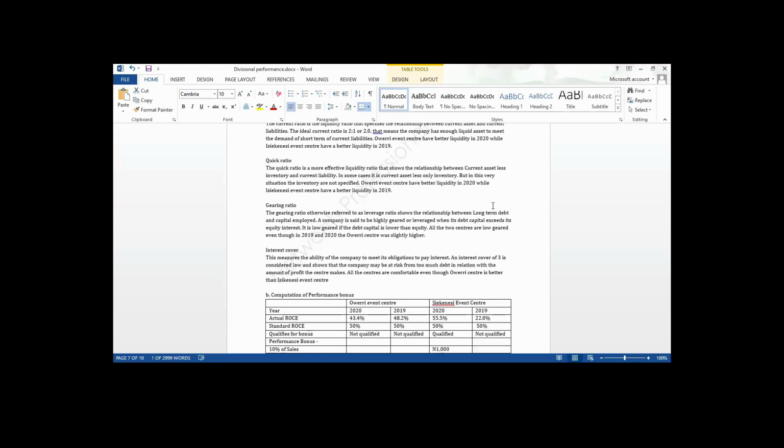A company is said to be highly geared when its debt capital exceeds equity interest.